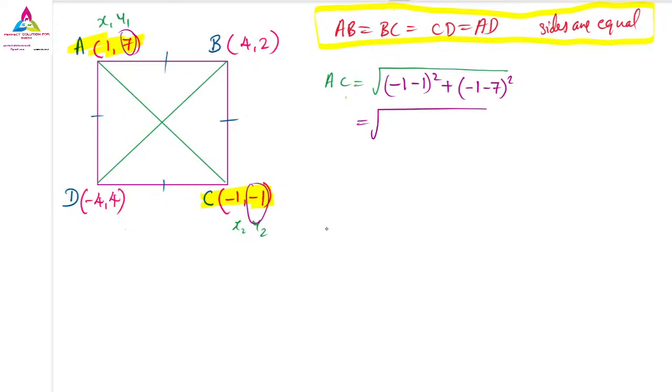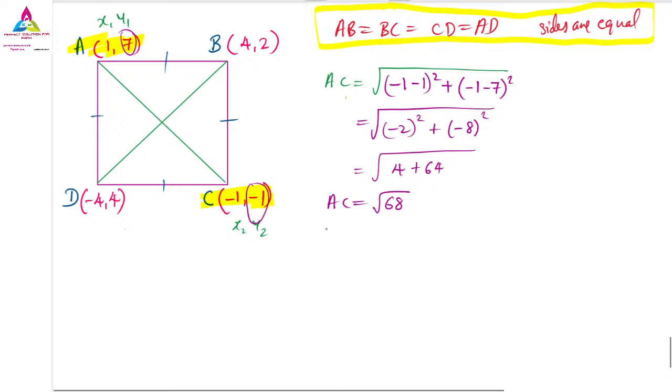So we will find minus 1 minus 2 the whole square, plus minus 1 minus 7 is minus 8 the whole square. Minus 2 the whole square is plus 4, 8 square is 64. So AC value is root 68. Yes, the AC value we found is root 68.